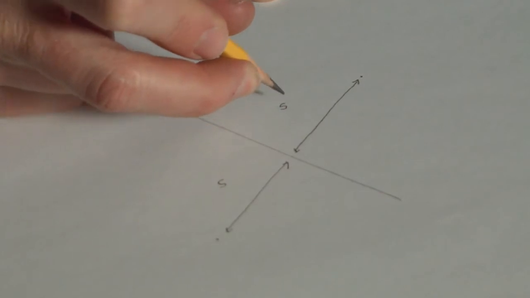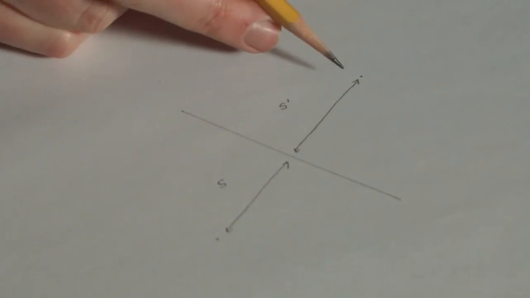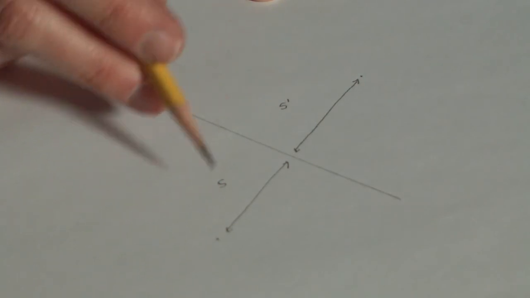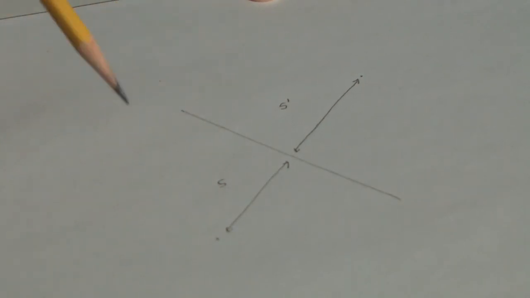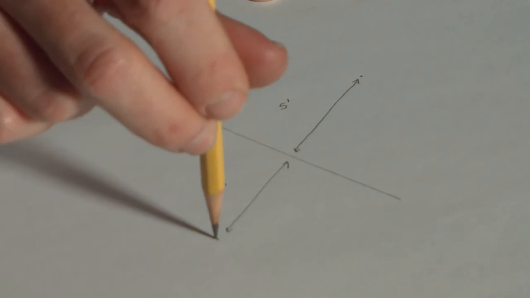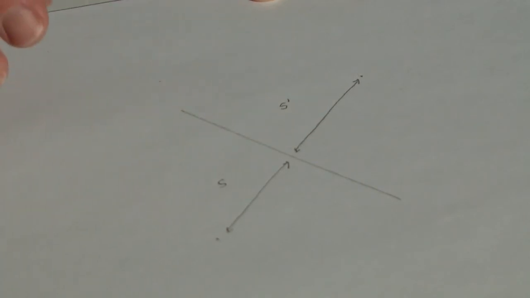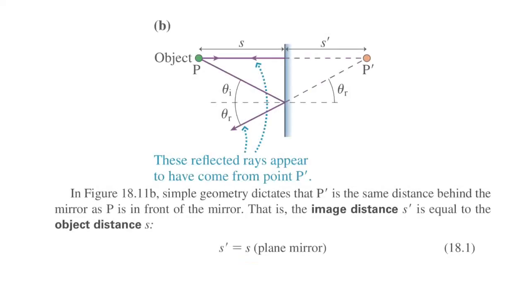S prime is the distance of the mirror to the image. And you can see these 2 distances are the same. So the pencil was here, that was the object placement, but the image of the pencil appears here, and it's the same distance behind the mirror as the pencil was in front of the mirror. And that's what we find for so-called plane mirrors, for so-called flat mirrors.